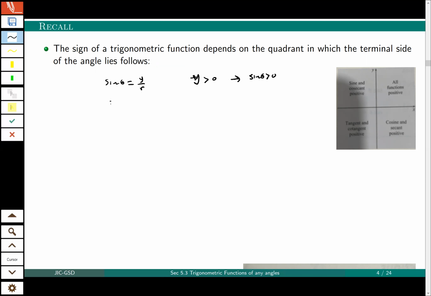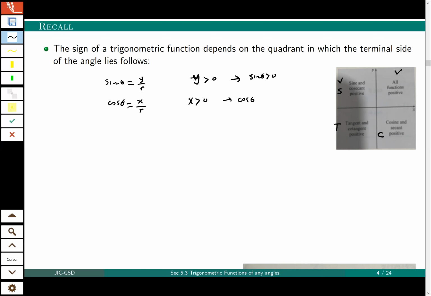Whenever we have cosine theta equal to x over r, means whenever we have x positive, we will have cosine theta positive. That's why we have a new idea, which is ASTC, which means, of course, here all the trigonometric functions are positive.